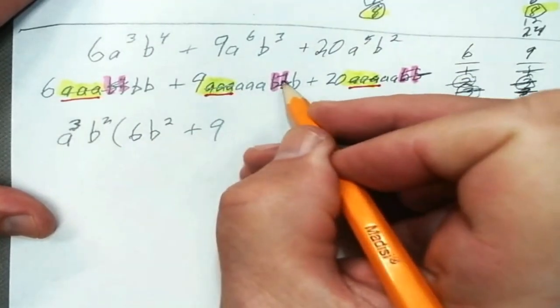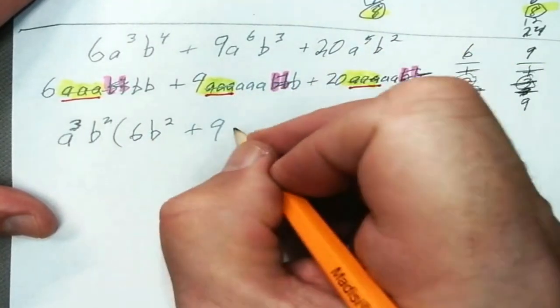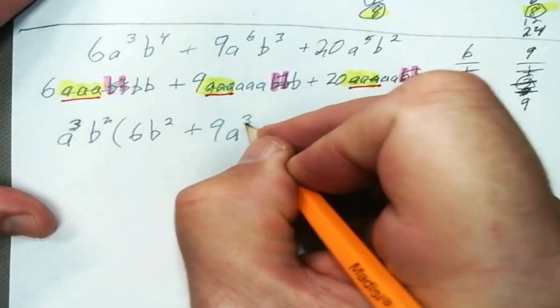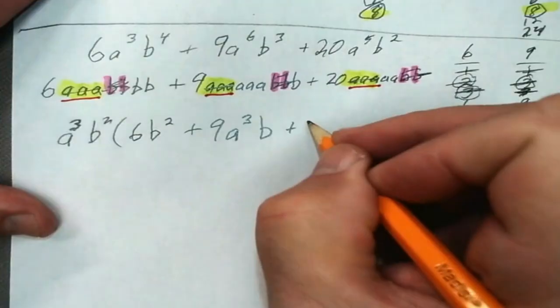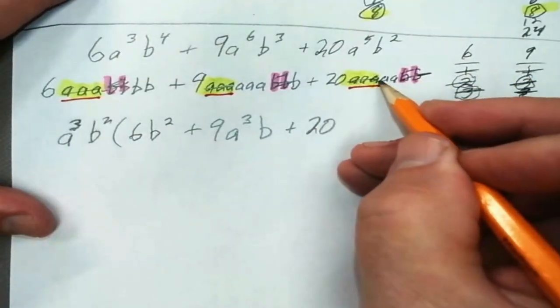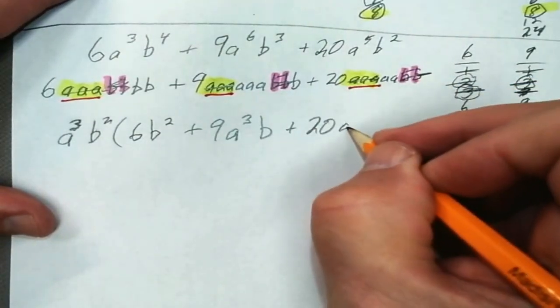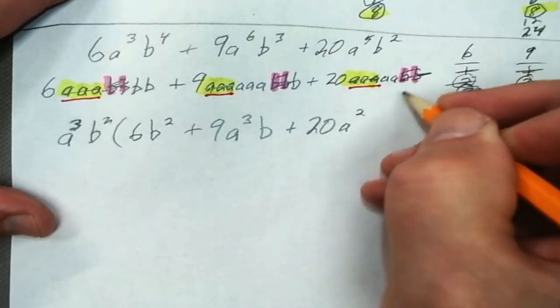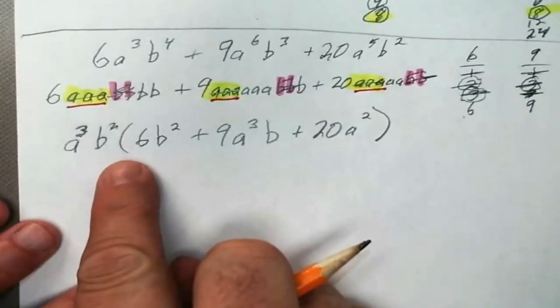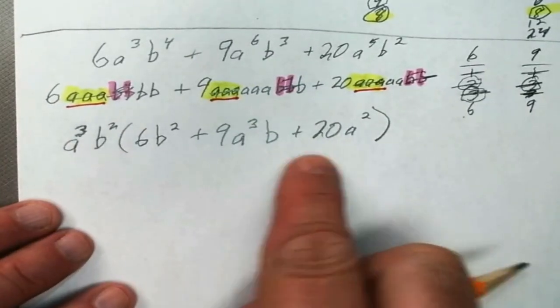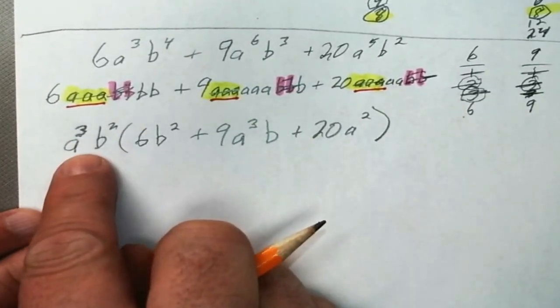Those are gone, those are gone. So I got 3 A's, I got 9a to the third, and I have 1 B left. And then I've got 20, I've got 2 A's left, 20a squared, and no B's. So this is the factored form, greatest common factor pulled out of this.